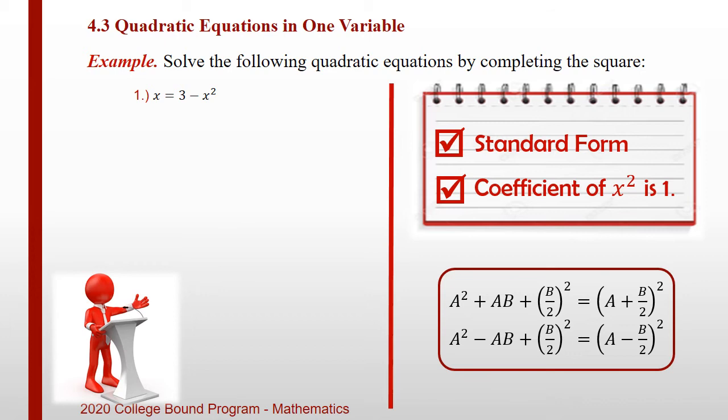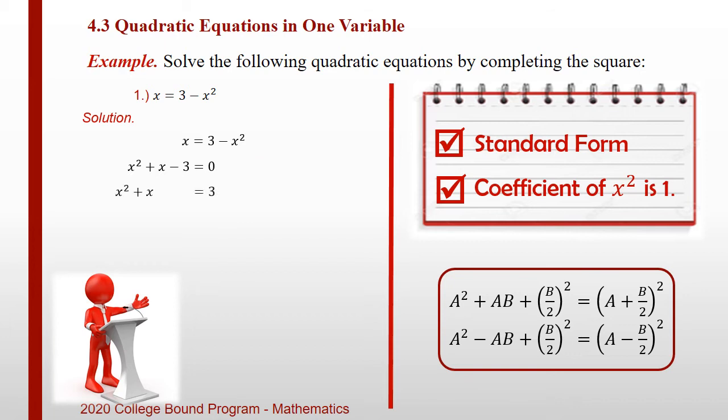For example, if we want to solve x = 3 - x², we write it first as x² + x - 3 = 0. Notice that the left-hand side of this equation is not factorable. Also, it does not satisfy the form required when using the method of taking square roots. Hence, our option is to use completing the square.